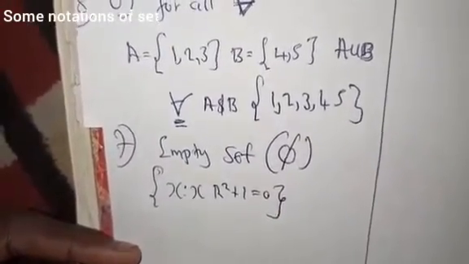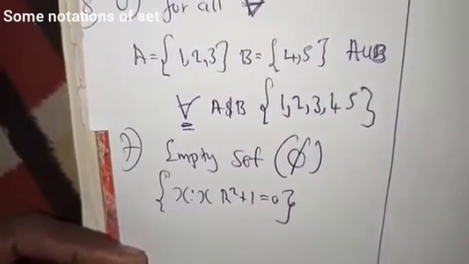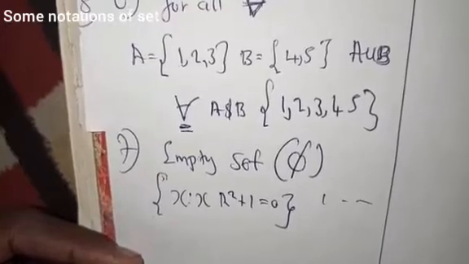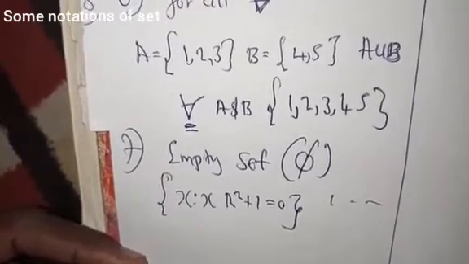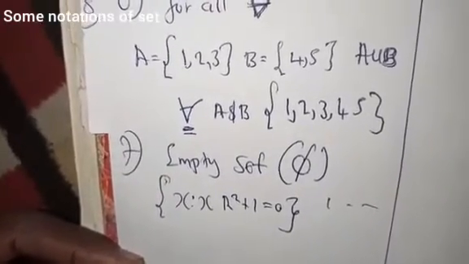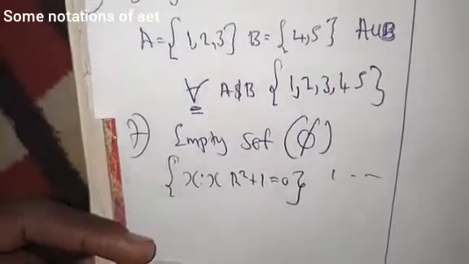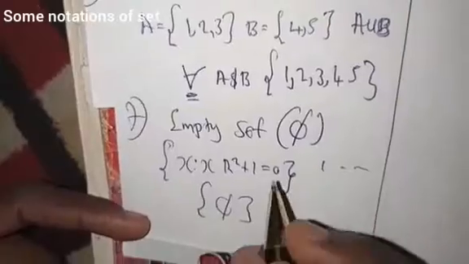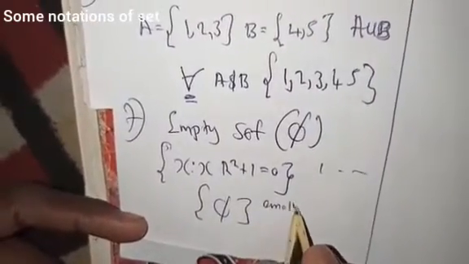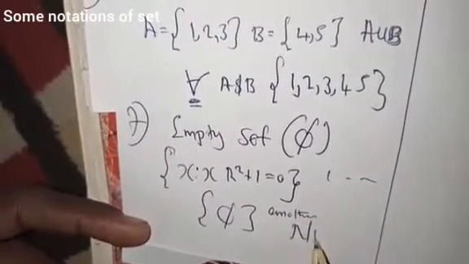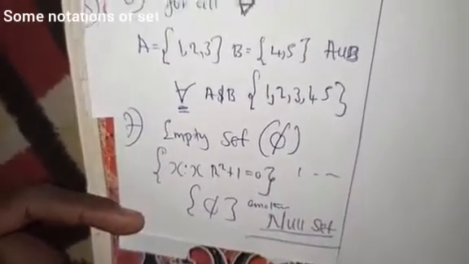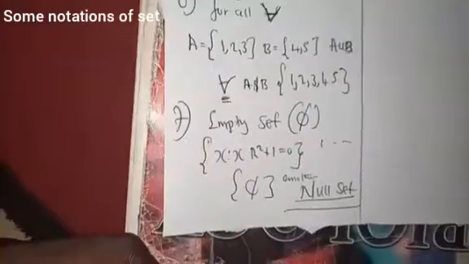Because if we say real number, we are referring to a type of number from 1 to infinity, and there is no such value that, if you square it and add 1 to it, will give you 0. So this set can be referred to as an empty set. There is also another name for the empty set. It's also called the null set. So if we say empty set, we are simply referring to a set that has nothing in it.